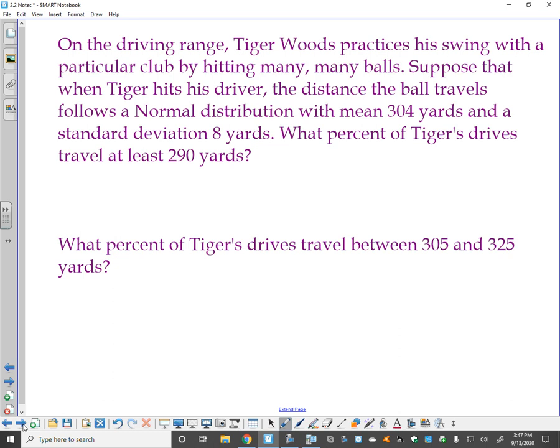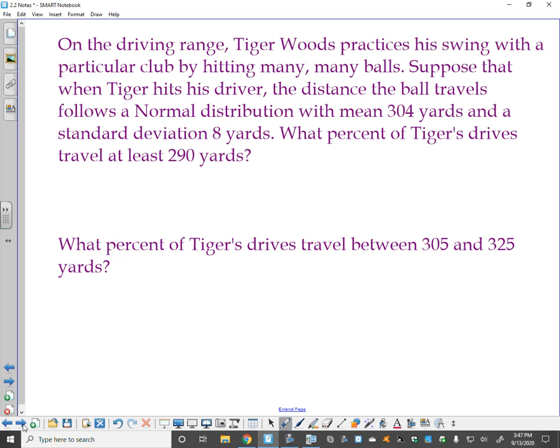All right, so I'm throwing you a curveball. Is this normal CDF or is this inverse norm? Remember, normal CDF finds the area under the curve. Inverse norm, you're given the area and you're asked where to slice it to get that area. Okay, do y'all see the question?